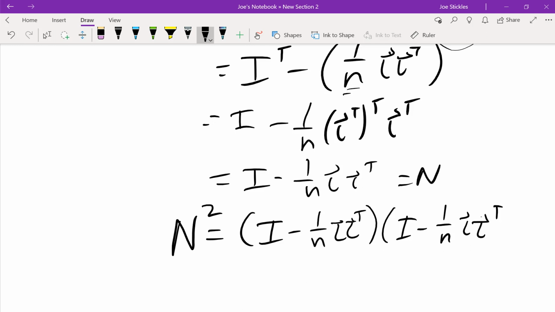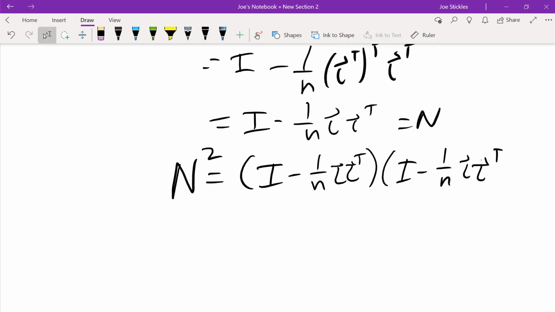There's a reason why I'm doing this, more than that I like algebra. Remember, we have to be careful when we FOIL with matrices because the order of multiplication matters. So just to be cognizant of that. But when I do the first ones, I have I times I, which will give me I. The outer would give me I minus 1 over n times I transpose, but that's just going to be 1 over n I transpose, right?